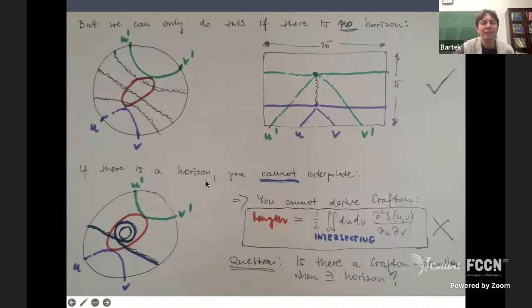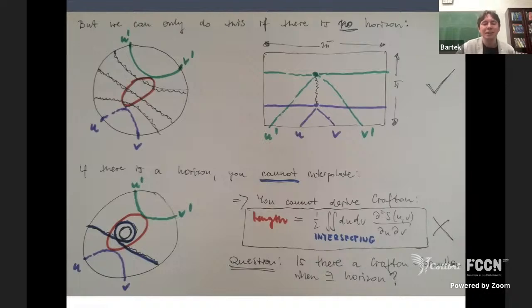If there is a horizon in the interior of this AdS spacetime, then you cannot interpolate from the smaller intervals to the larger intervals whose covering geodesics are tangent to the curve. Since there's no interpolation, there's no Stokes' theorem to use, and you cannot derive this formula, which is the Crofton formula. And so there's no derivation of the Crofton formula that we knew.